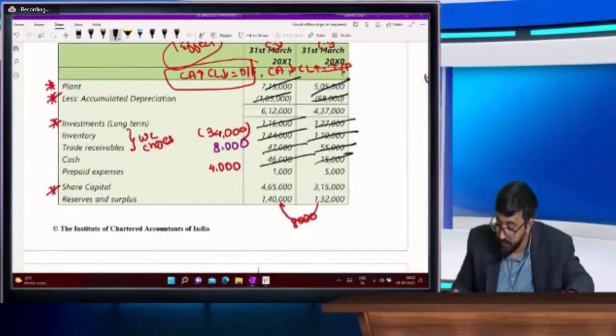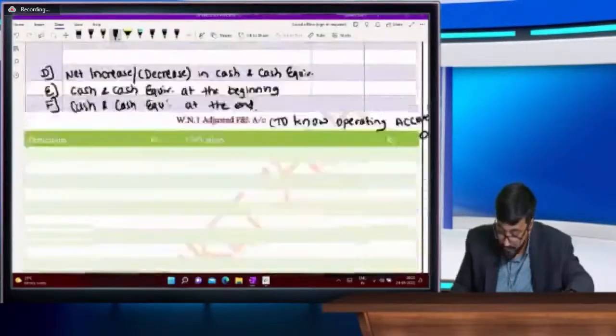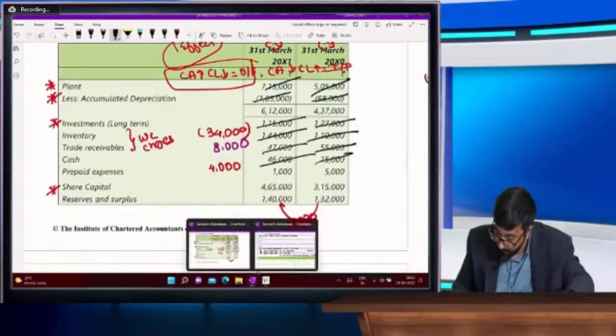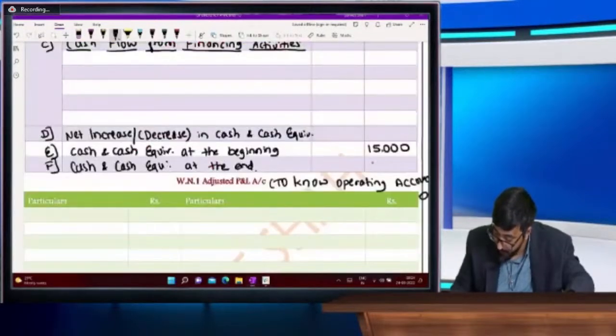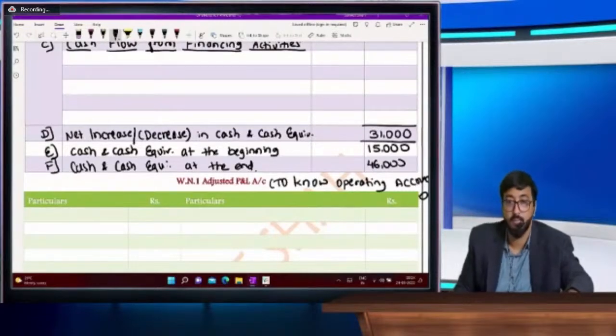Cash 15,000 and 46,000. D, E, F. E 15,000 and F 46,000. Total 31,000. Total 31,000.